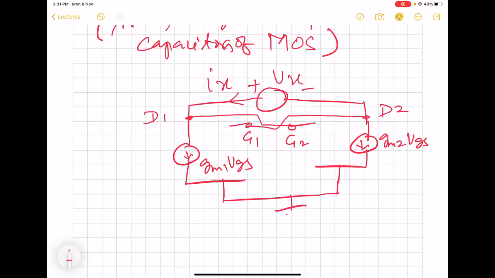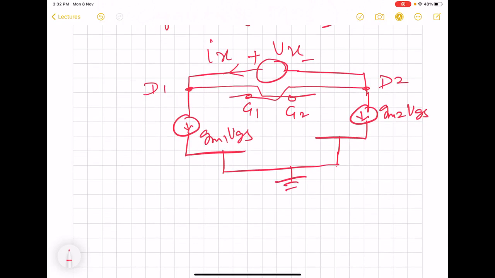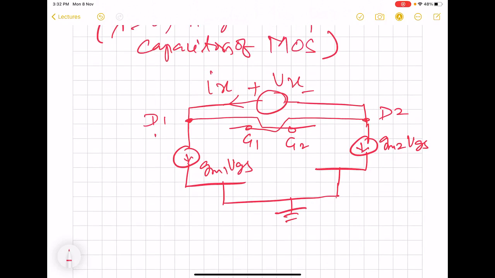And here we have ground. So now we know that this is Vx, this is Vy, sorry, this is capital X, and this one is small x.